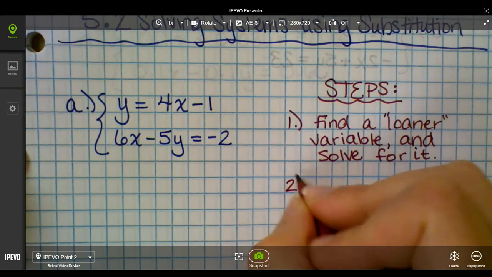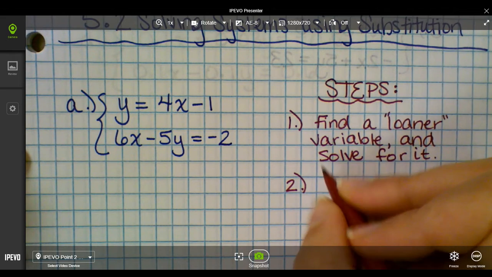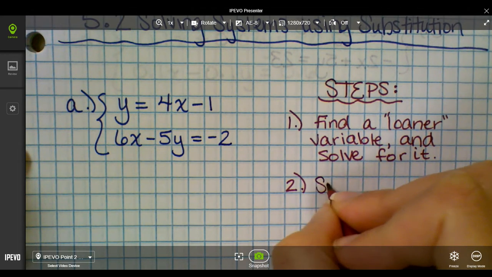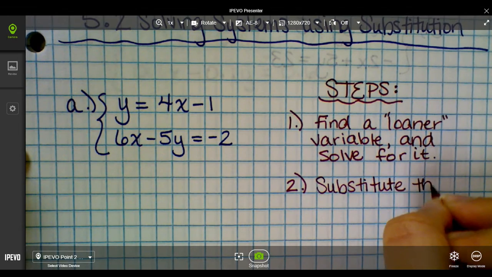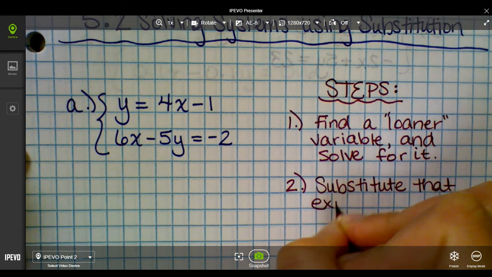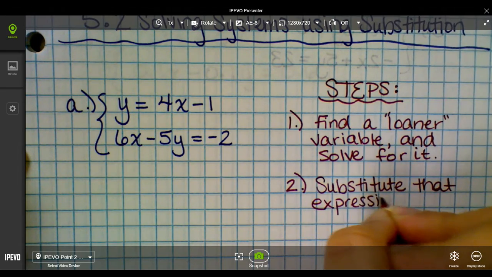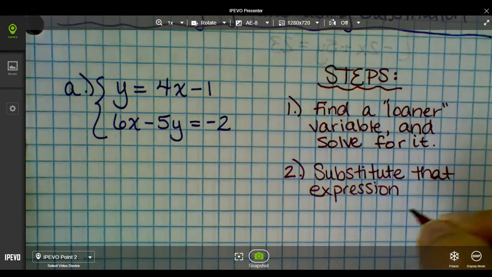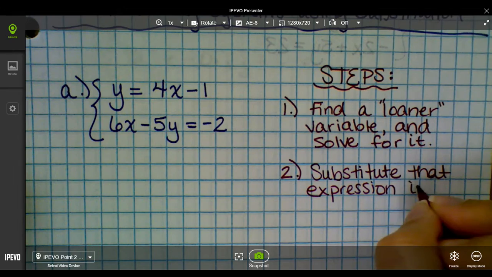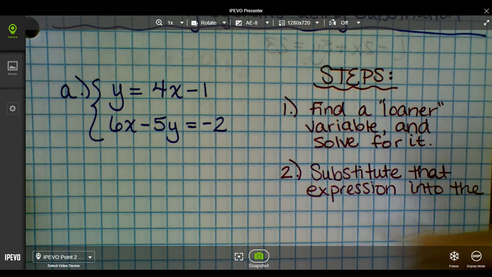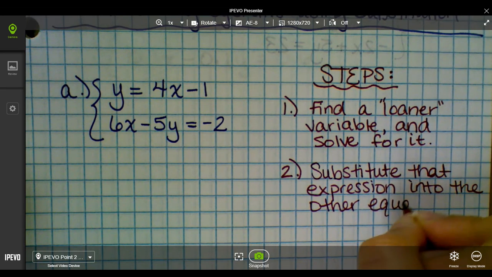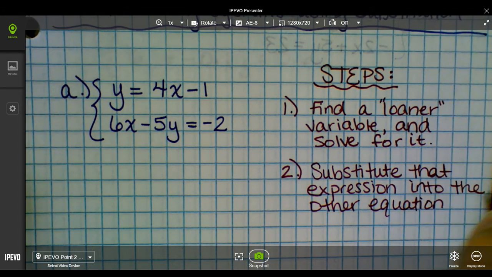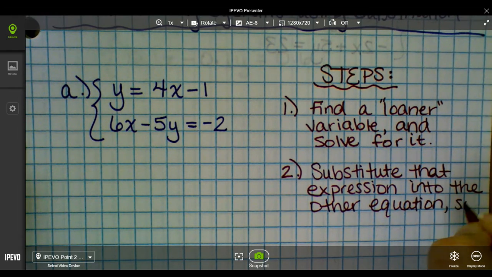All right, so my next step is going to be substitute that expression into the other equation, so everything is in terms of one variable.